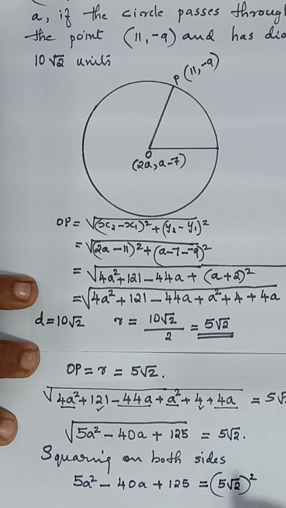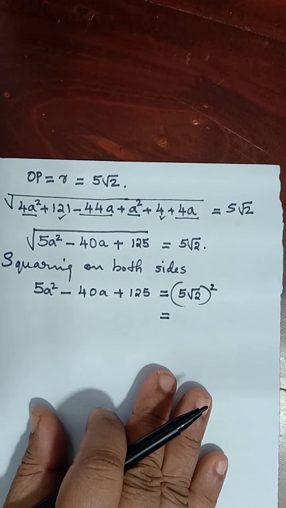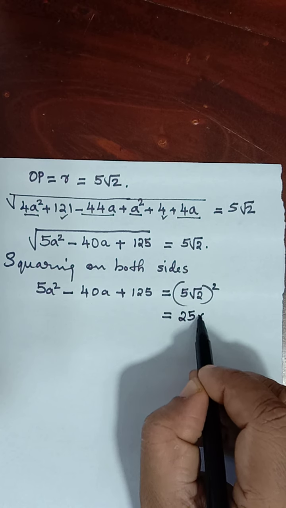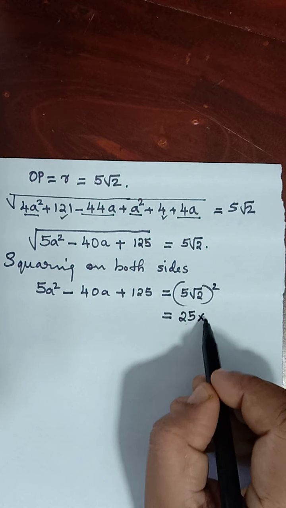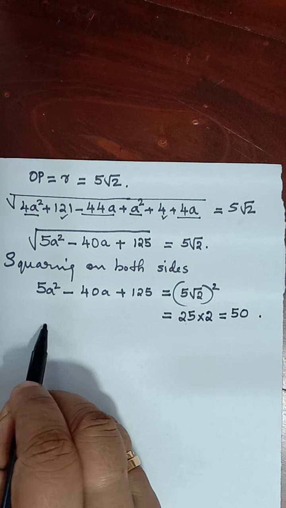Squaring on both sides, so what will happen? Next step. Yes. 5 5s are 25, 5 square 25. Root 2 square is 2, that's equal to 50.